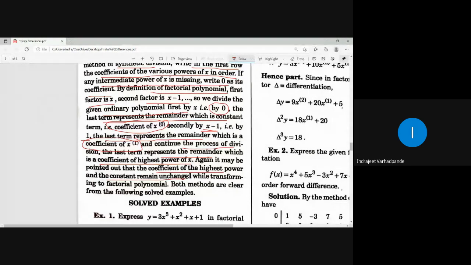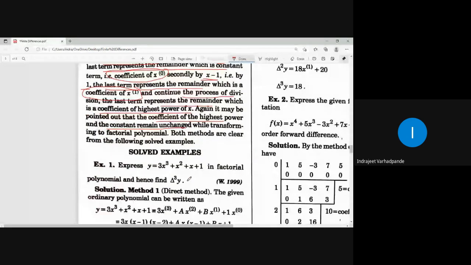The degree of the factorial polynomial will be the same as the degree of the original polynomial. The coefficients of the highest degree and the constant will be the same in the factorial notation as well. So these two points give us a check on whether we have done our calculation correctly.